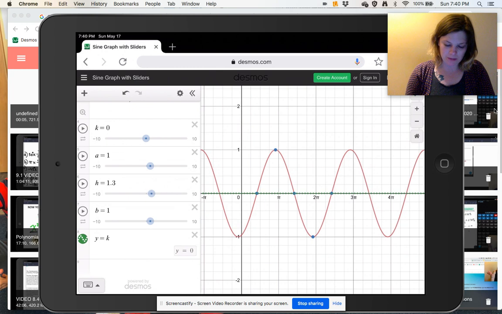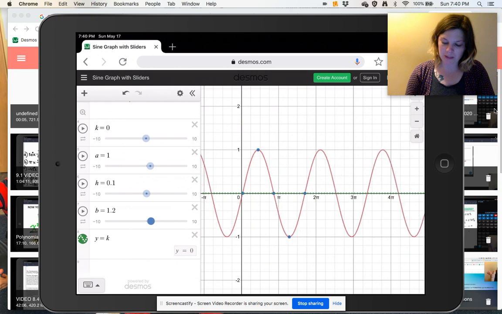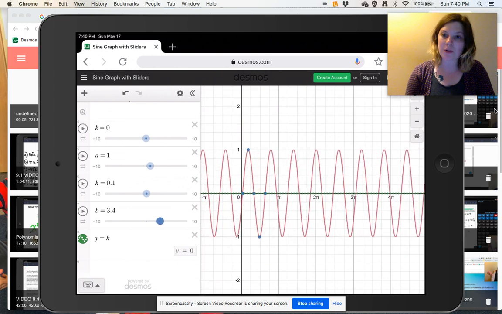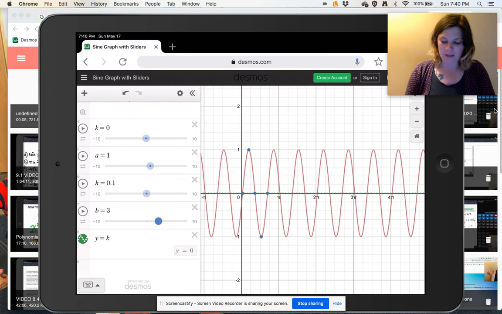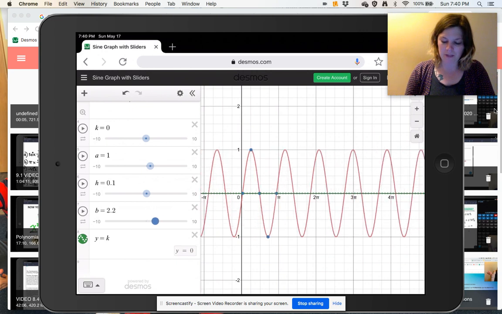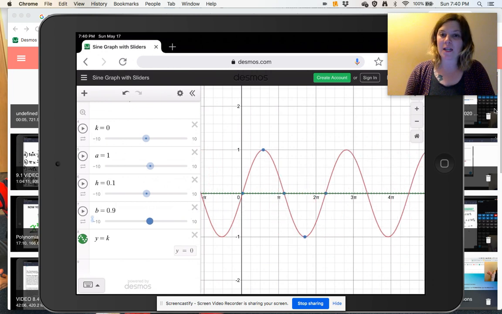If I were to change the b value, and it makes a big difference, it squishes those points closer together, and it makes it go up and down faster, right? And then if we go the other way, we see that it's making the dots go further and further apart, and it makes the humps wider, almost like slower waves, right? If you're thinking about sound waves, this would be a lower pitch sound. If you had a larger b value, you would get a higher pitched sound.